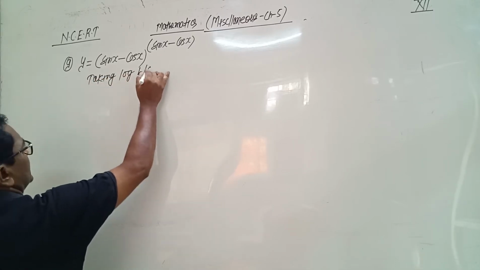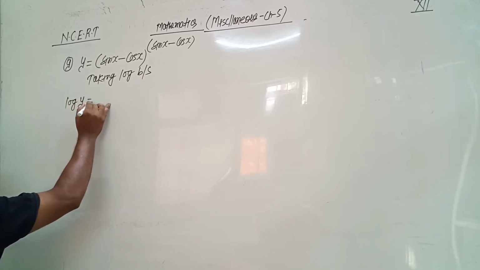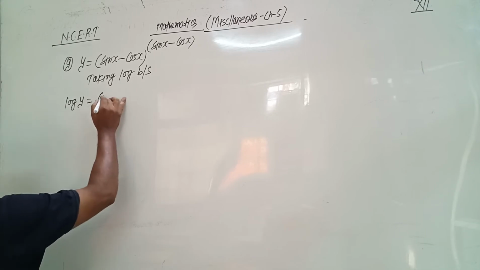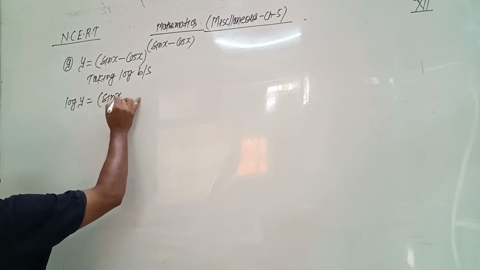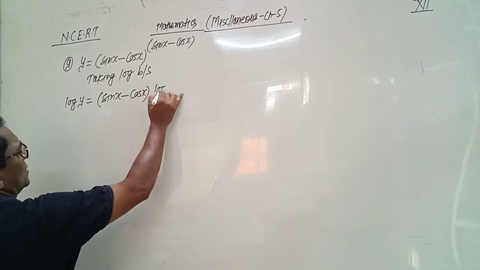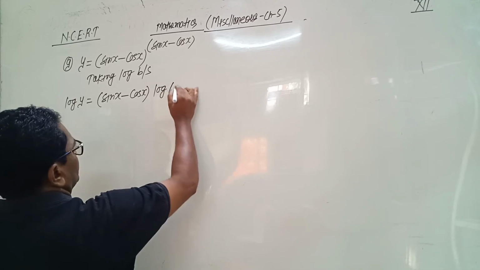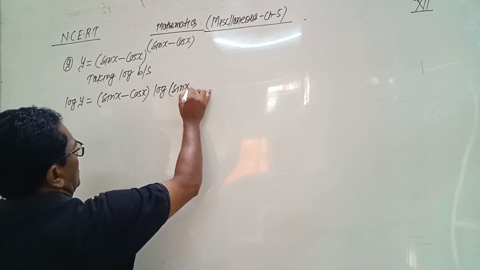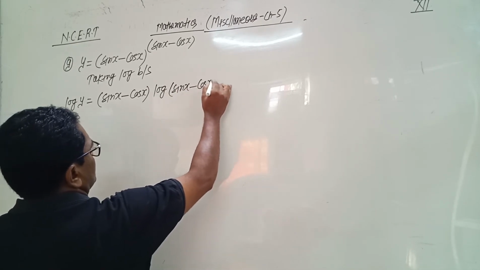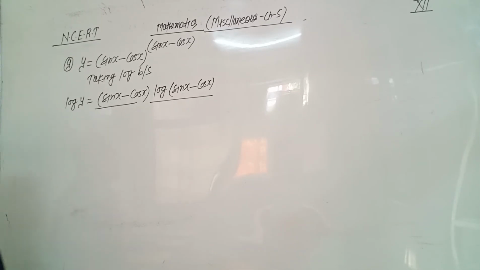Taking log both sides, we get log y equals, the power will come in the beginning, then it becomes (sin x minus cos x) and log of (sin x minus cos x). This will be differentiated in the form u into v.